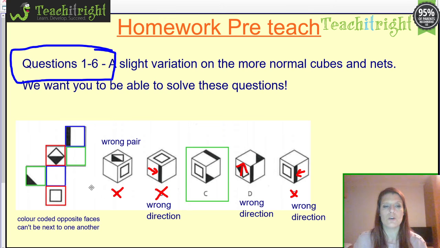Number 2, because this black band is the wrong way in terms of where it should be. It's on the wrong side. We've eliminated D because the shape there is also facing the wrong direction, and E as well. So the answer is C.